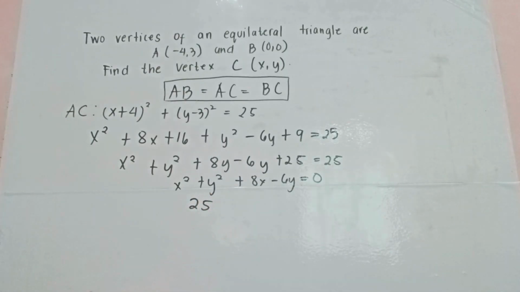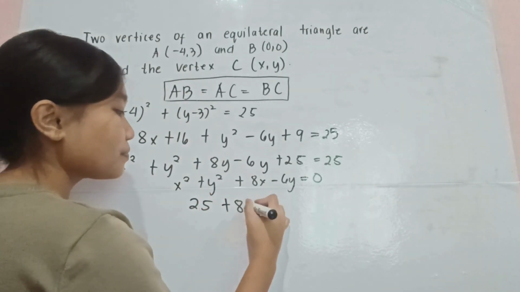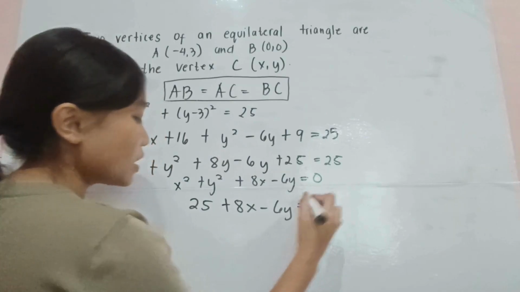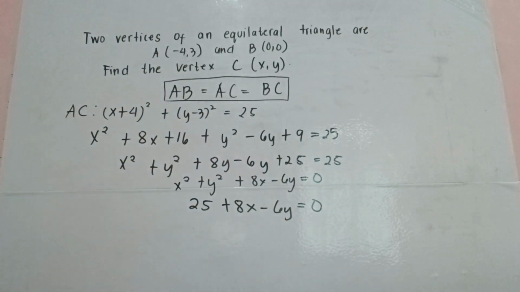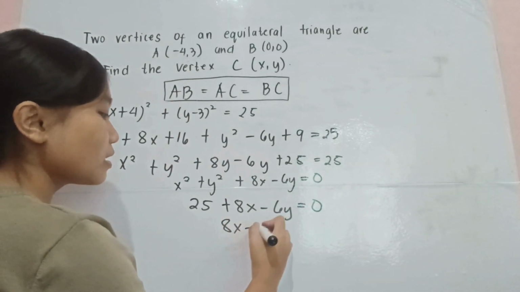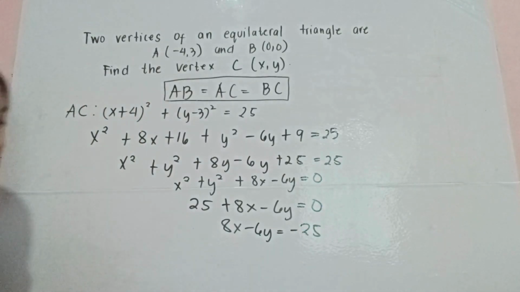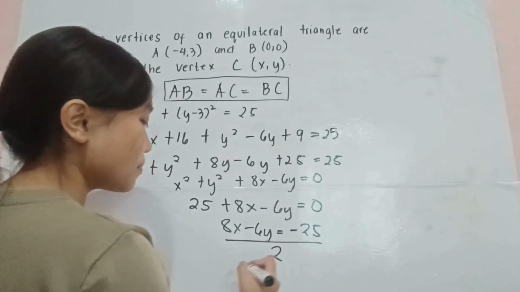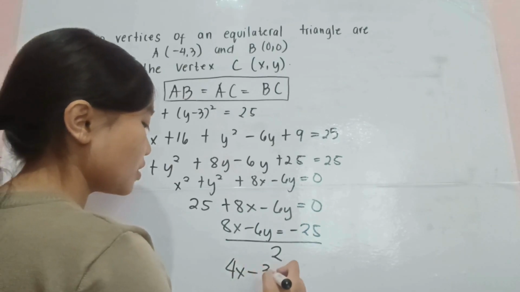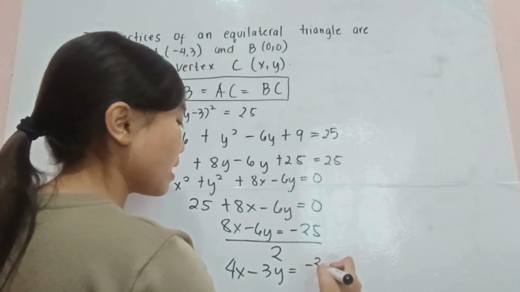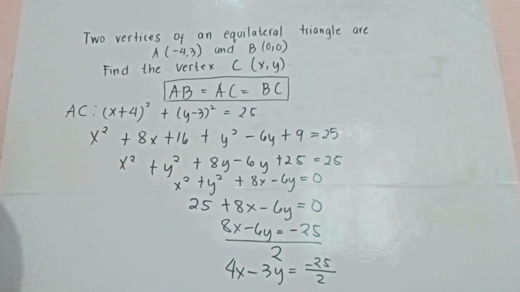So as we substitute it, now we have 25 plus 8x minus 6y is equal to 0. Simplifying it even more, now we have 4x minus 3y equals negative 25 over 2.